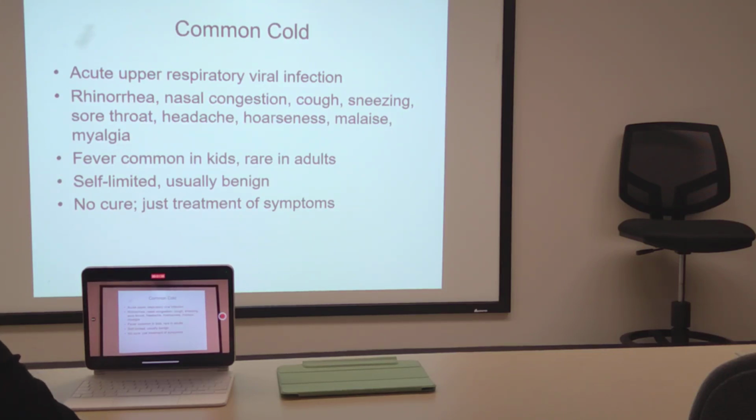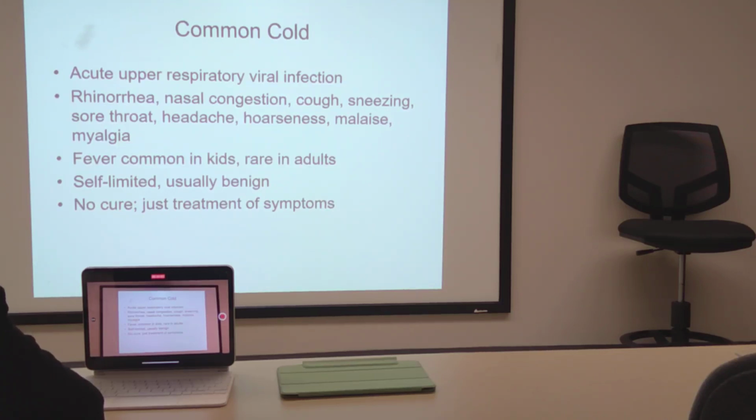Alright, so the common cold, which is another name for the acute upper respiratory viral infection. It has all those symptoms, like runny nose, nasal congestion, cough, sneezing, sore throat, etc. And in kids, the fever is quite common, but in adults it's relatively rare, and it is self-limited.